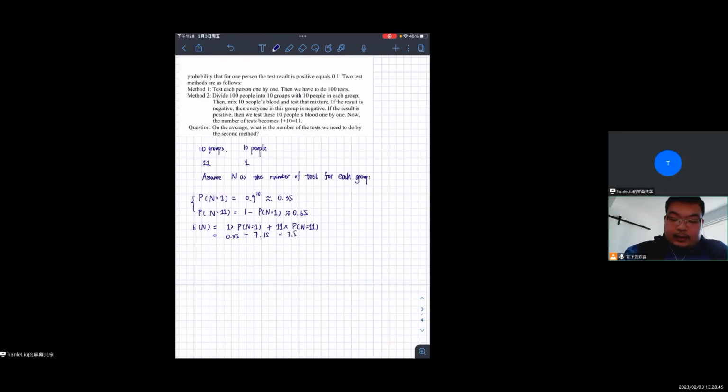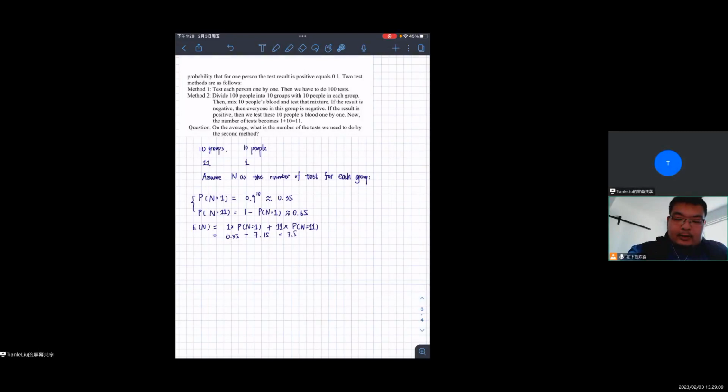But we need to notice that the problem asks how many tests we need to do by the second method for the whole party of people, not just one group.